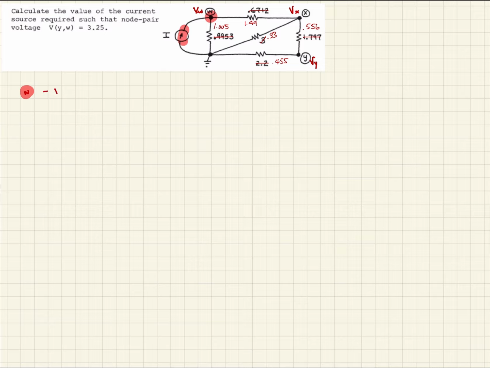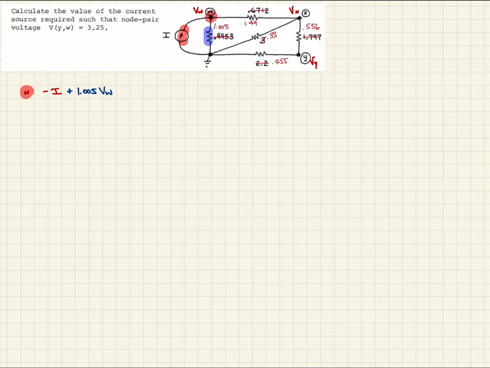That'll be a minus I. All right, so that's the first branch. Now we look at this resistor here, and the current in that case is going to be plus. Remember, we're dealing with conductances now, so it's 1.005 times VW.